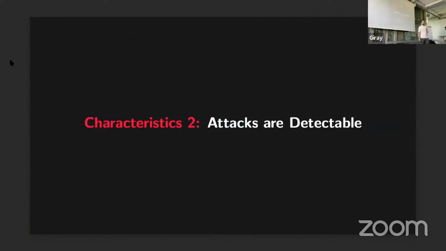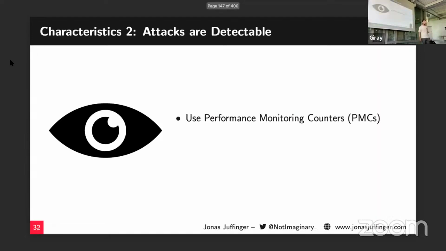Another characteristic was then, the next level of mitigations that were proposed are extra detectable. We can, for example, just use performance counters where you see the number of cache misses. If you have a program that causes a lot of cache misses on the same address, this program is probably rowhammering, so just kill the program.